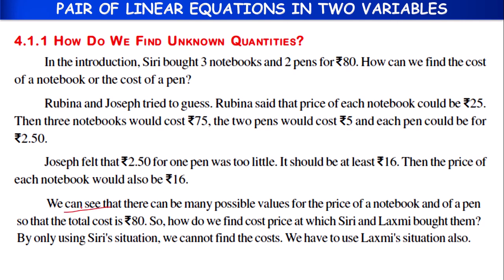So we can see there may be as many possible guesses for notebook and pen, so that the total cost will be 80. We can have so many values for notebooks and so many values for pens such that if we add them, the total will be rupees 80.